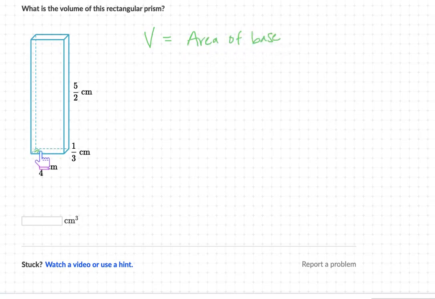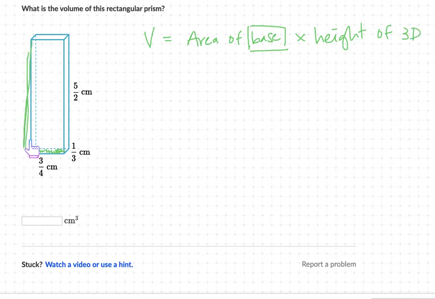That base shape is a rectangle. And then we're going to multiply by the height of the 3D shape, that entire thing. Okay, because that's going to tell us all the layers that go into it.